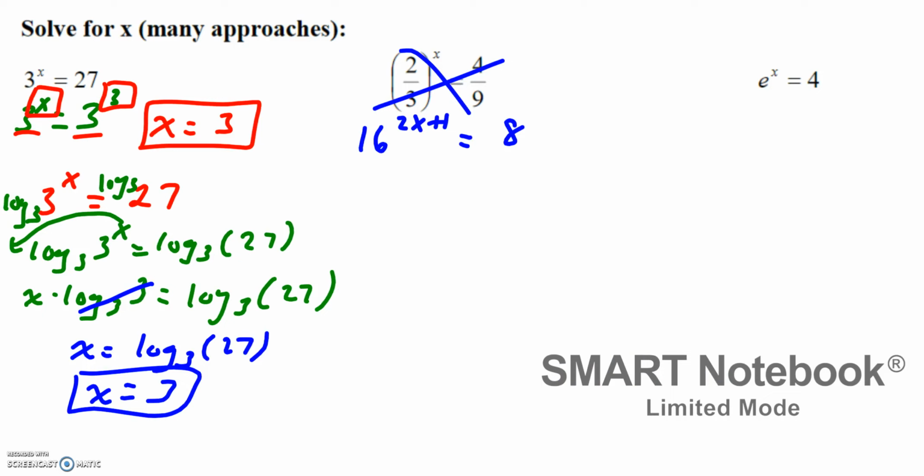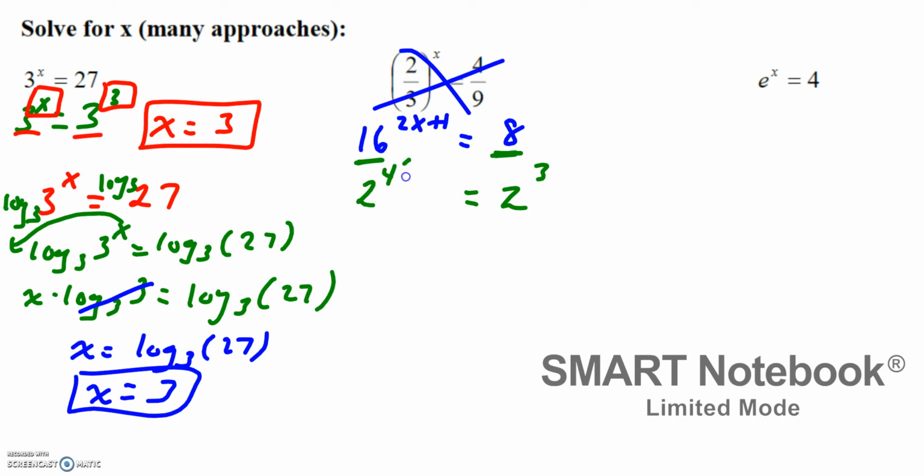And in this case, I noticed that 16 and 8, I can't write as powers of 8 squared is already 64, so I can't keep both the bases the same. But I do notice that both of these could be written with the base of 2. This side could be written as 2 cubed, and the 16 itself could be written as 2 to the 4th.